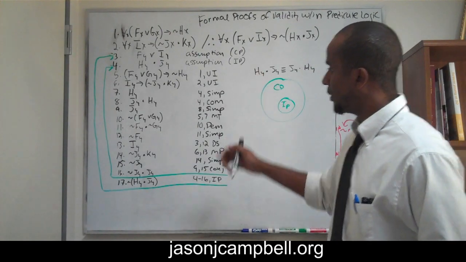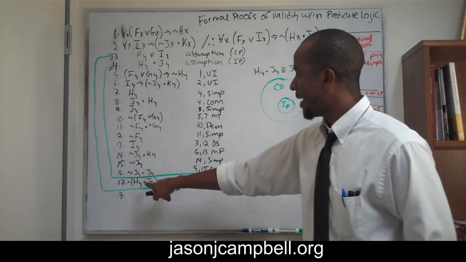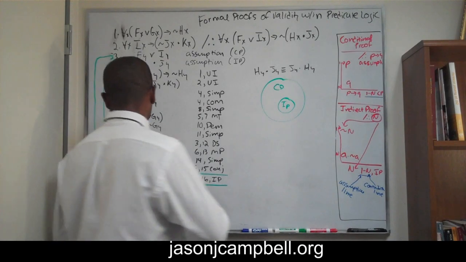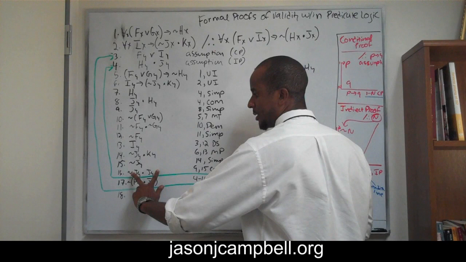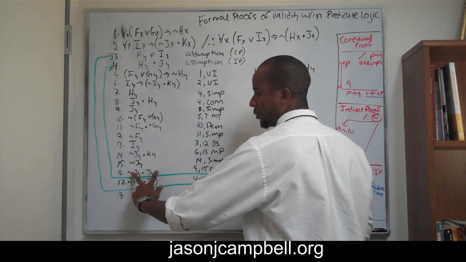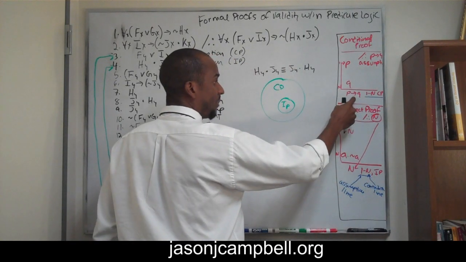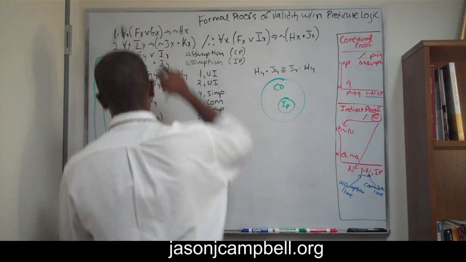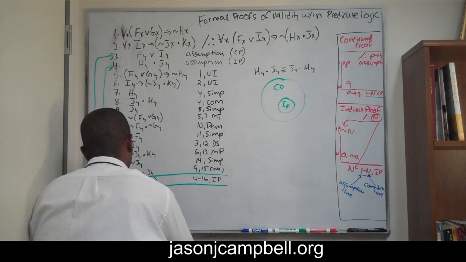What we need to do now in line 18 is make our conditional statement. Remember, we've arrived at our conjunction, which was a contradiction. This concluded our second assumption. The next thing that we need is to arrive at a conditional statement, right? And that conditional statement is going to be of the form this here. It's going to be our original antecedent, which is Fy or Iy.